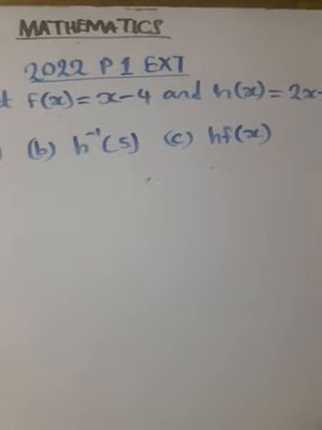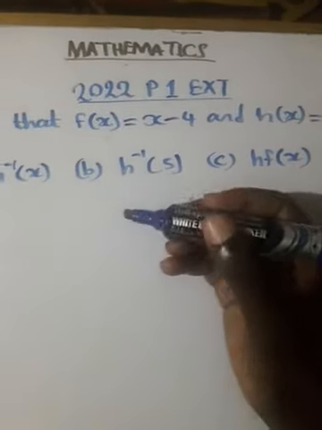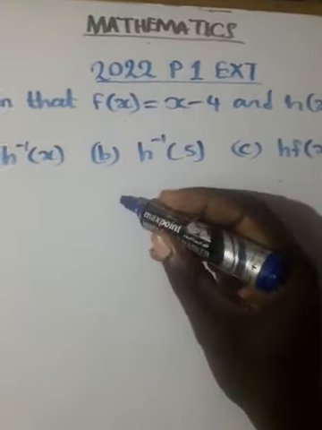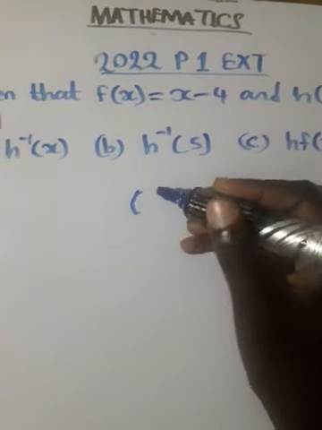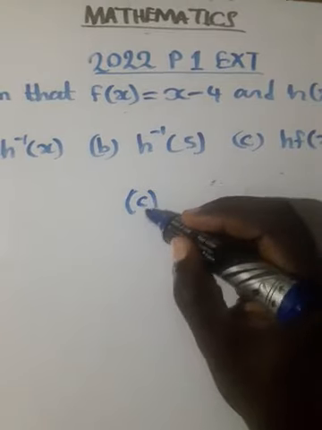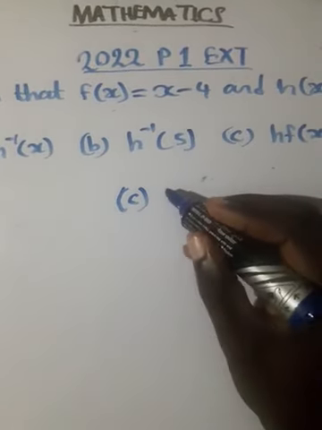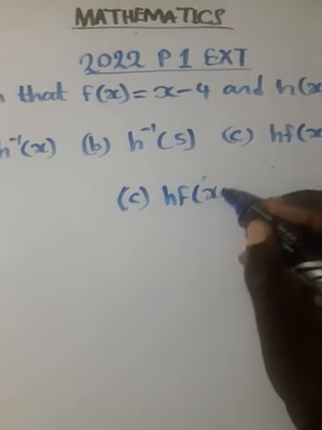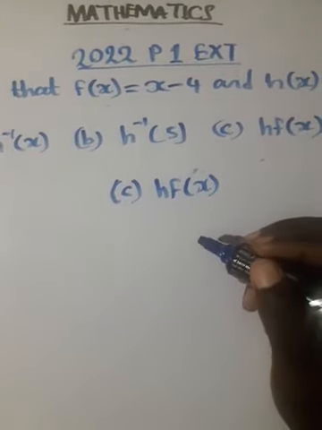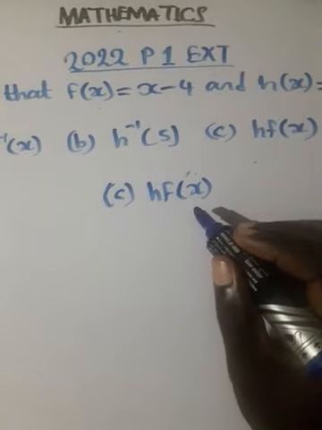Okay, so part C. It's h of f of x, which is a composite function.